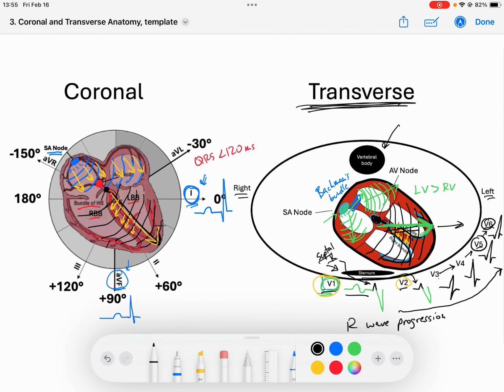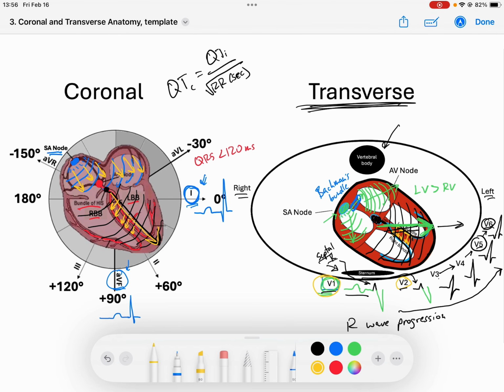And so our corrected QT, or the QTc, is the QT interval divided by the square root of the R to R interval in seconds. So what does that mean?